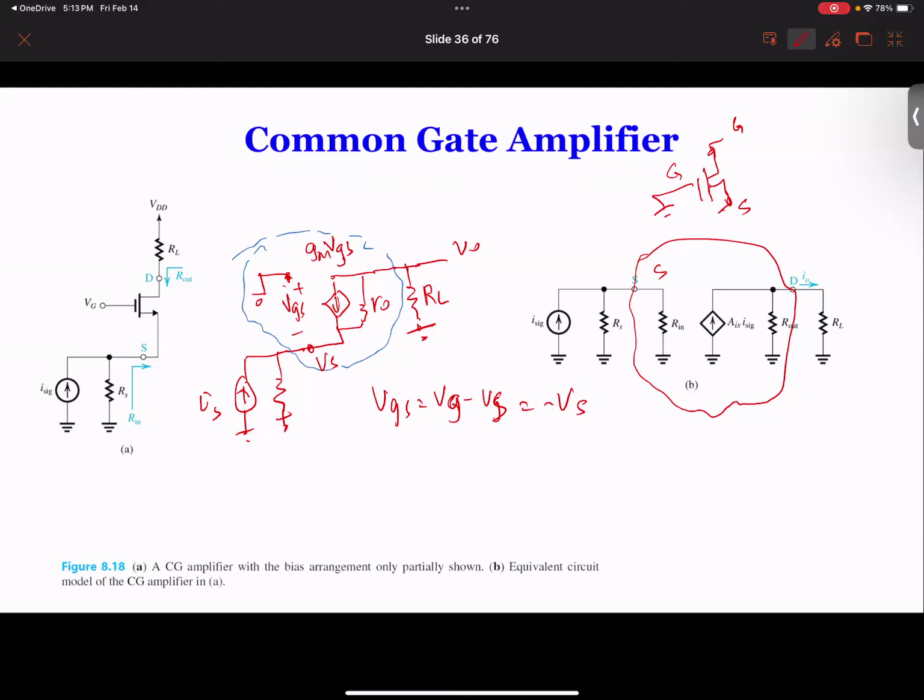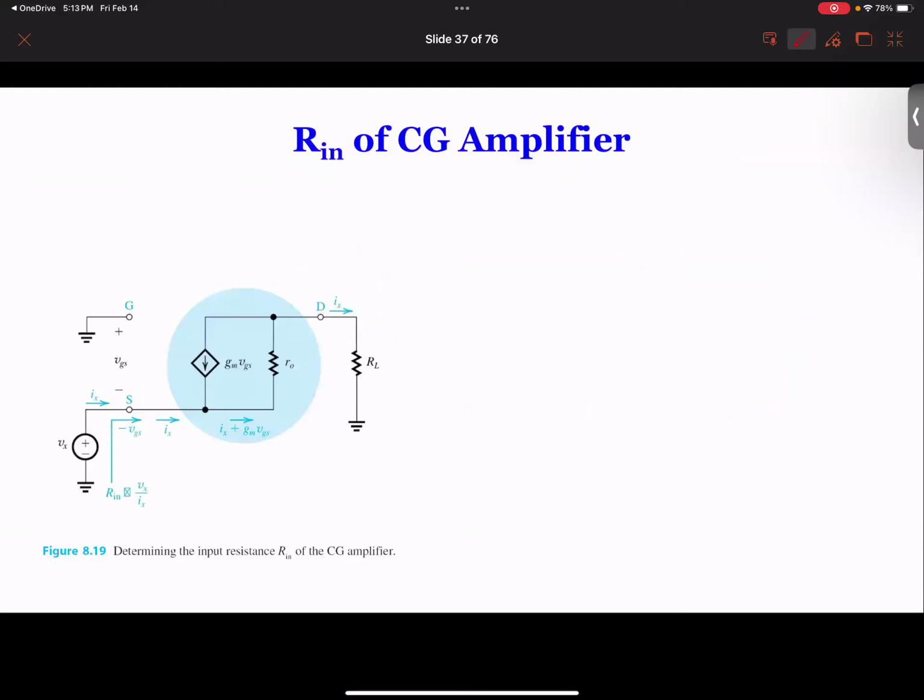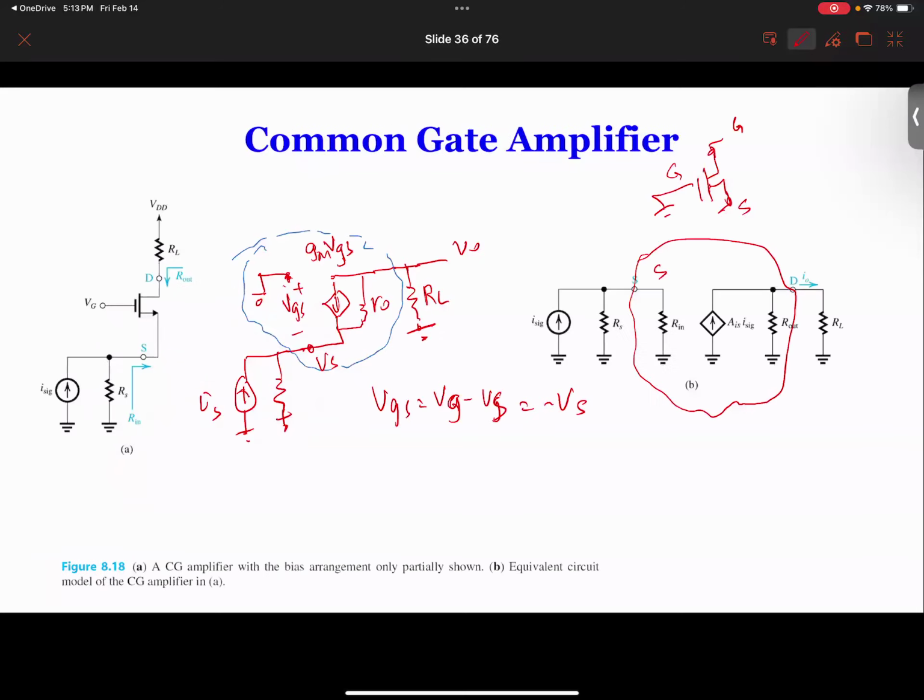So let's do a nodal analysis on this one in order to get the input resistance. Let me go back to the circuit over here. In order to get the input resistance, we need to open the output because this is a current input.